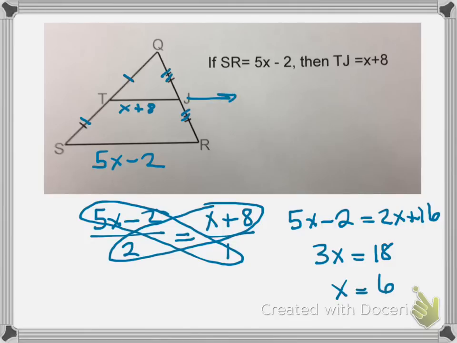So TJ over here is 6 plus 8, which is 14. And SR is 30 minus 2, which is 28. So half of 28 is 14, so we know that we did that one correctly.